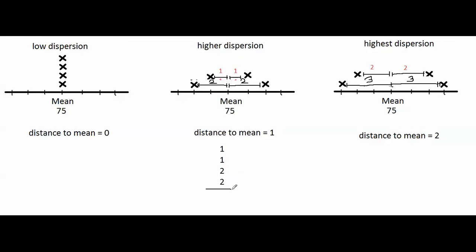If I added these 4 distances up here, they would add up to 6, and 6 divided by 4 equals 1.5. So now I can say that the average distance to the mean is 1.5.